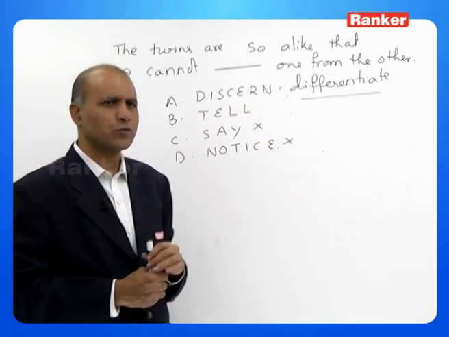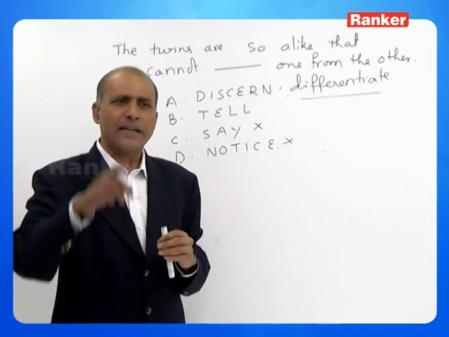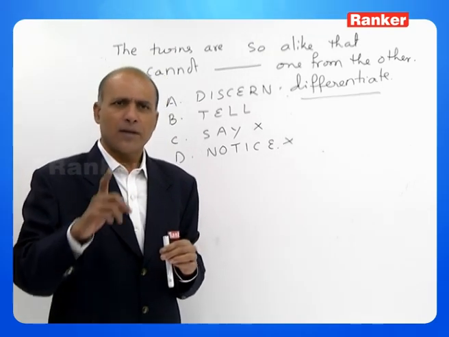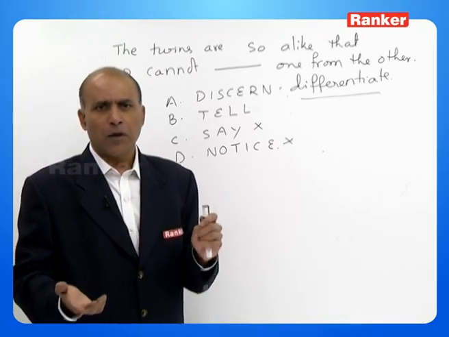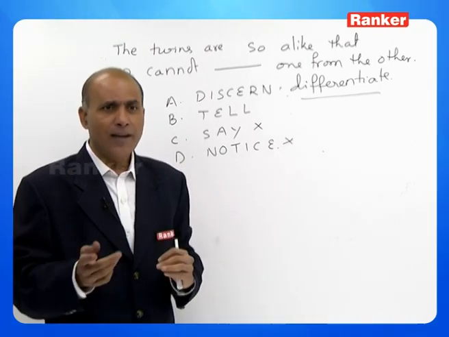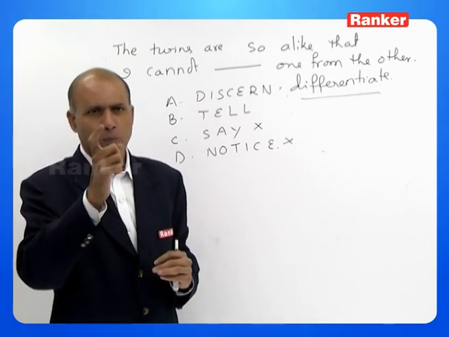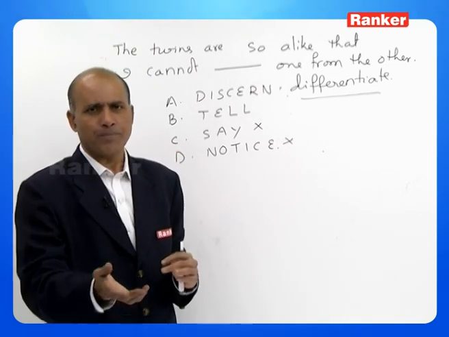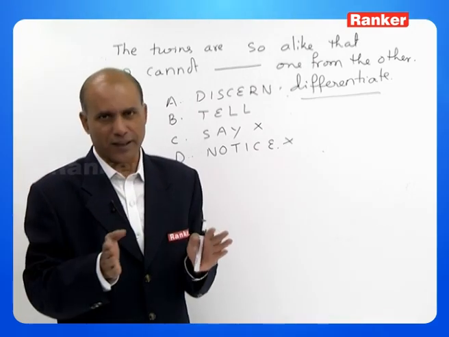Discern seems to have a very, very close meaning. But in day-to-day life, in English language, when people speak, when they are unable to find which is which, they say, I cannot tell one from the other. Cannot tell one from the other is an idiom, which means unable to find the difference between two things.